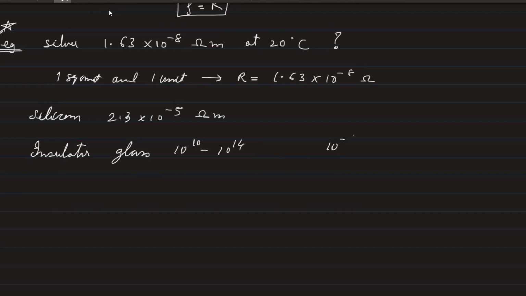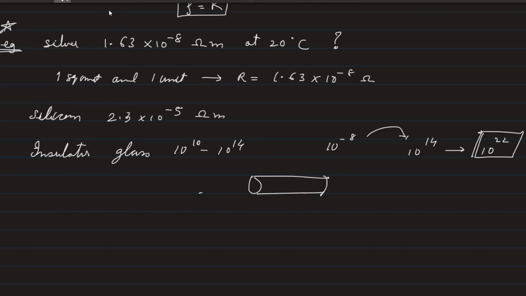So imagine 10 to the power minus 8 to 10 to the power 14. That means resistivity is 10 to the power 22 times more. That's very high. So obviously, it is impossible to conduct electricity through glass, because of the very high resistance that it offers. Again, you don't need to know the values. You just have to understand the difference between the resistivity of these materials.